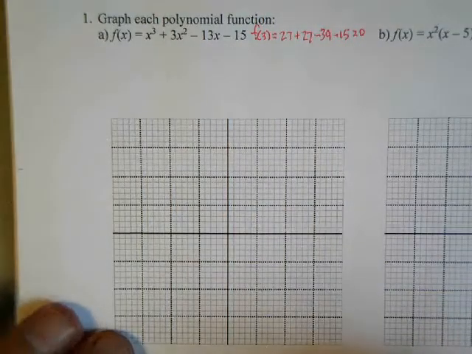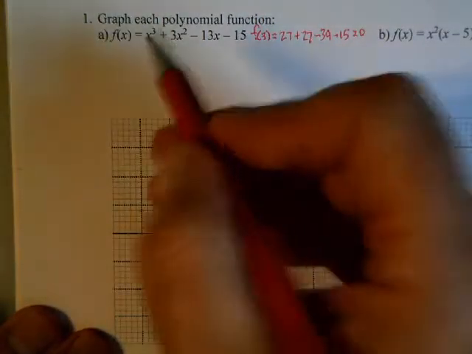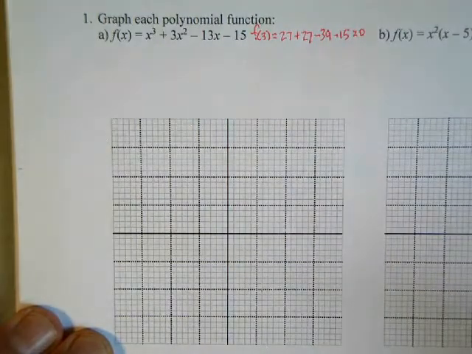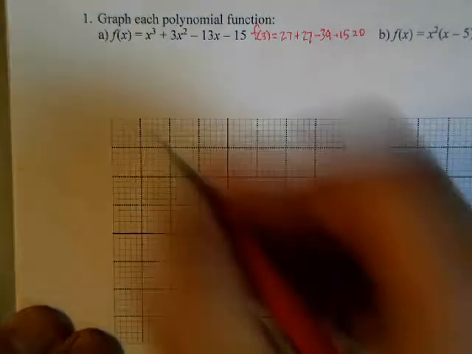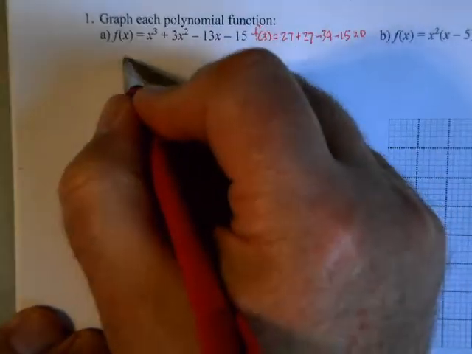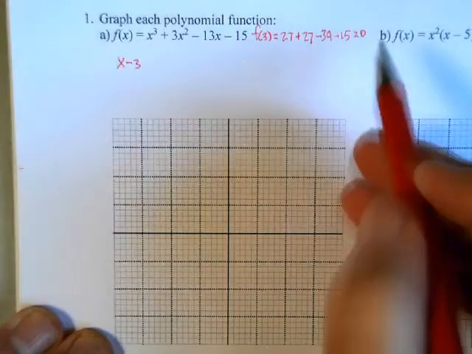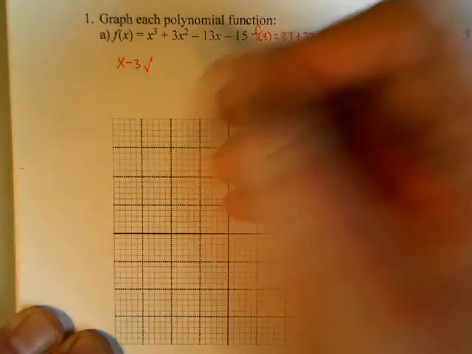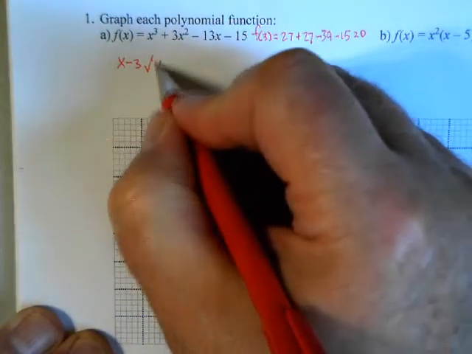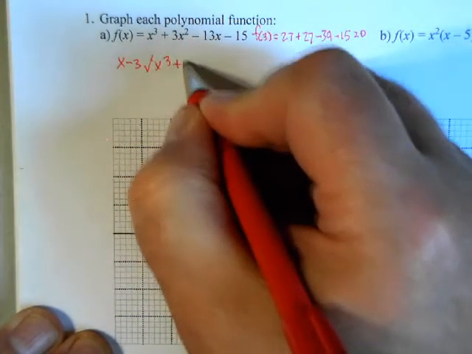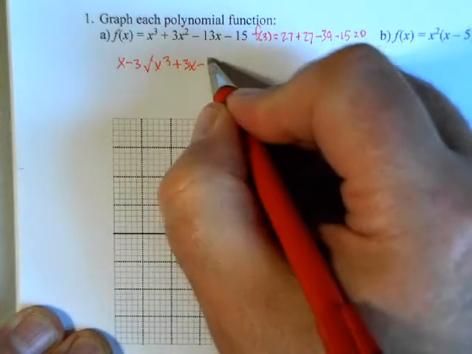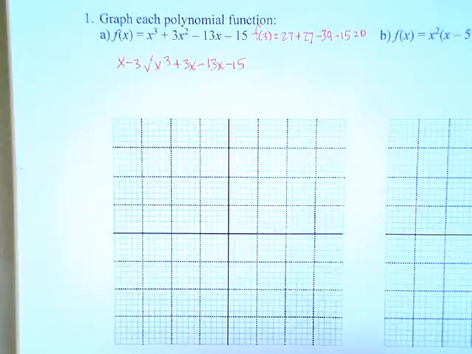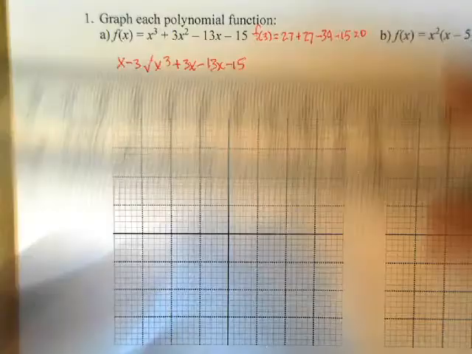And again, I did that using the p and q that we were looking at from an earlier section. So let's go ahead and do some long division here now. If 3 is a 0, then x minus 3 is a factor. And so we're going to go x cubed plus 3x squared minus 13x minus 15. We know this is going to have no remainder because 3 was one of our zeros.